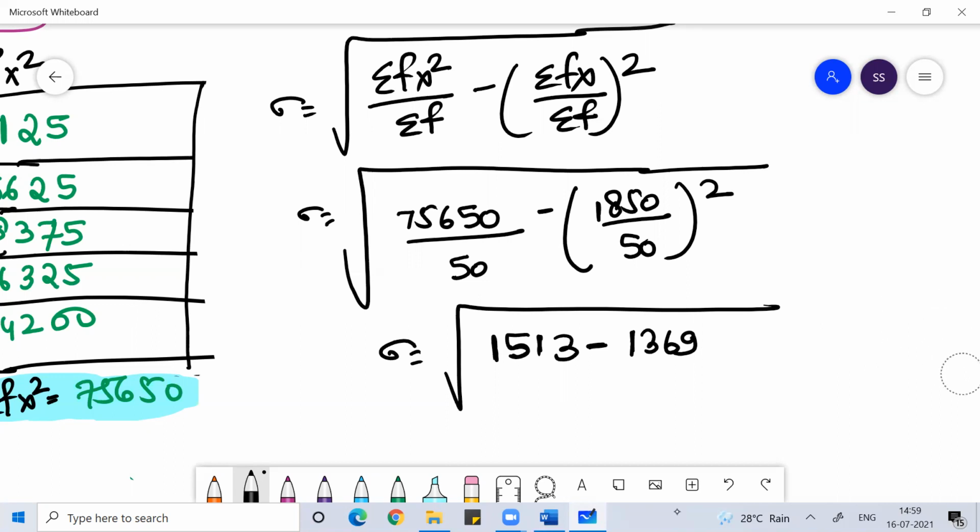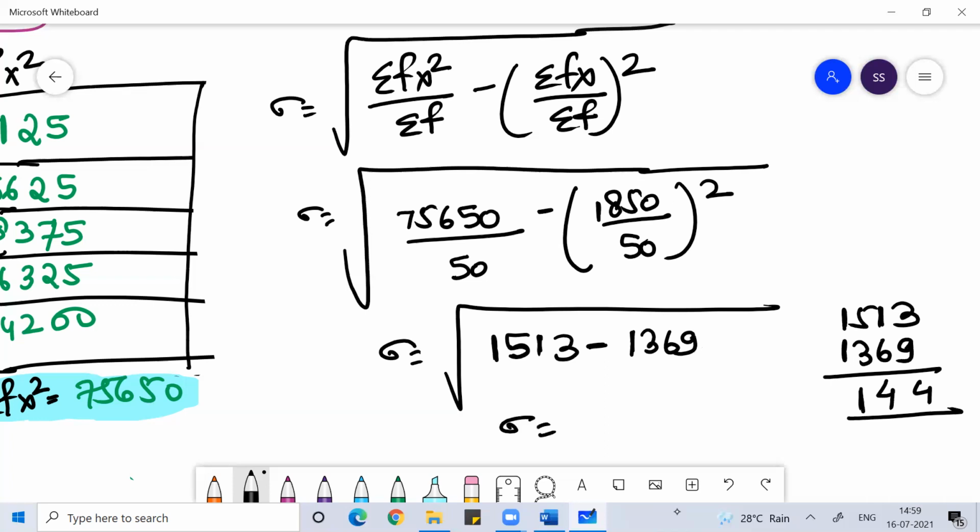So 1513 minus 1369, you get 144, the square root of which is 12. So you'll get sigma is equal to 12.